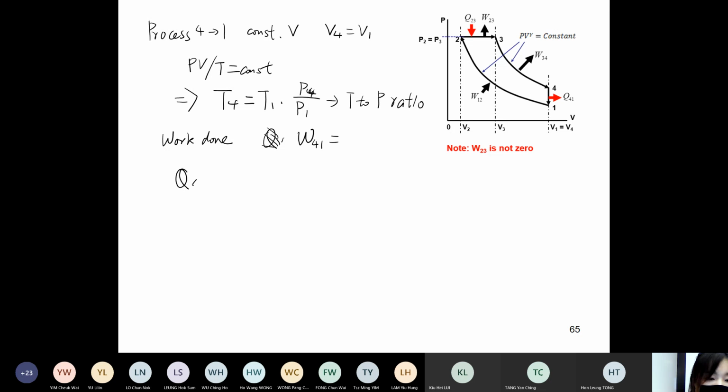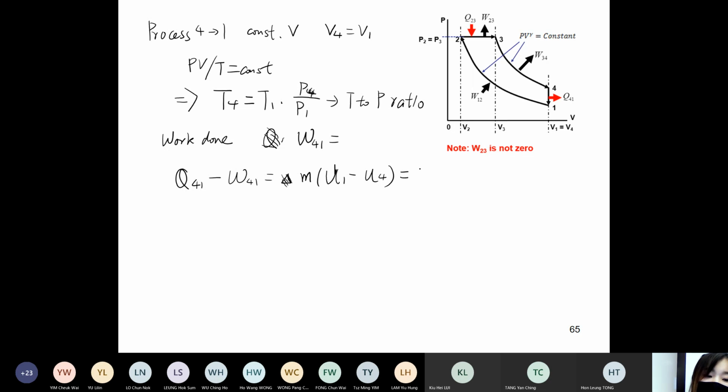Therefore, we have the change in internal energy, the final state minus the initial state.